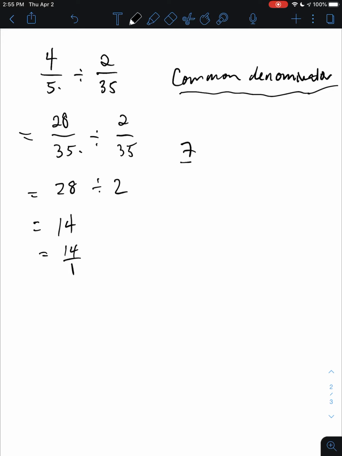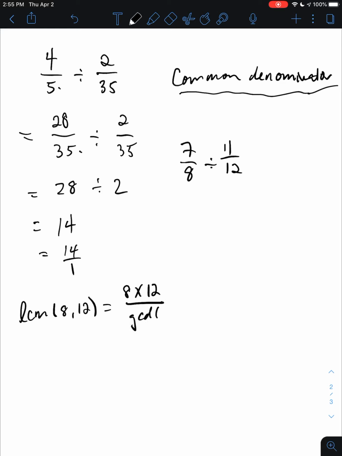So let's take 7/8, and I'm going to divide by 11/12. In this case, I want the common denominator of 8 and 12. And we know that that is the LCM of 8 and 12. The LCM of 8 and 12 is 8 times 12 divided by the GCD of 8 and 12.